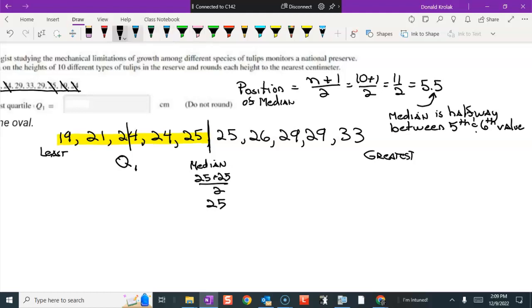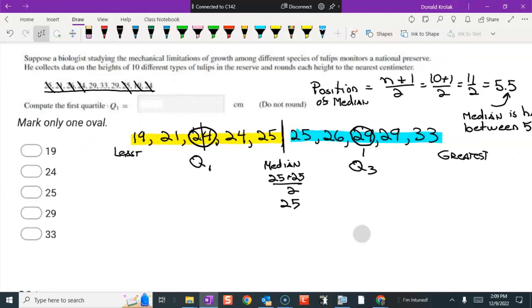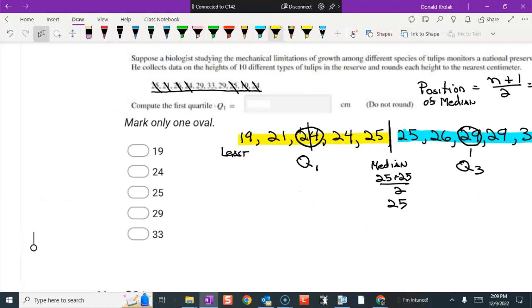Okay, if we needed quartile 3, that would be halfway on the upper. So this has got 5 terms. The third term would be the upper quartile. So our lower quartile is 24.